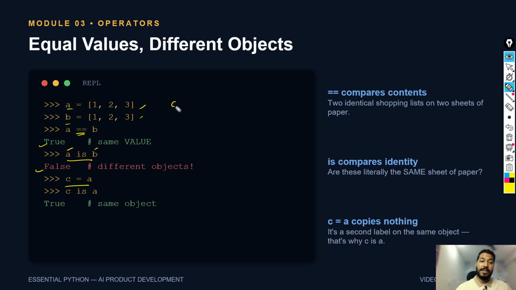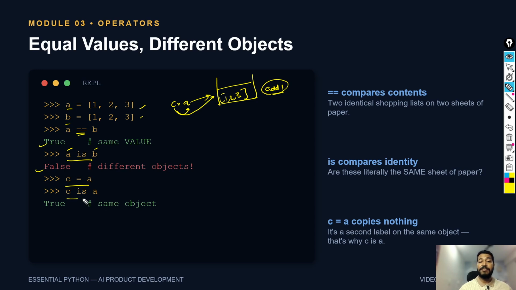When I'm saying C is equal to A, C will also refer to the address where A is pointing. So A is pointing to the address where this list 1, 2, 3 is stored. Suppose it occupies some address 1. When I say C is equal to A, C also started referring to the same address only, right?